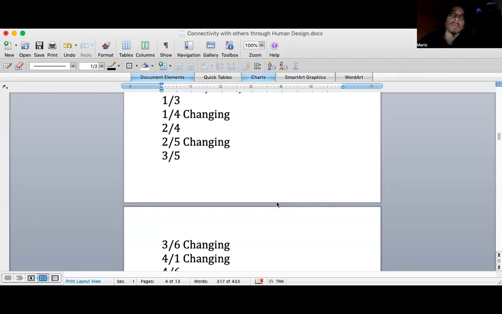The first line is symbolic of the conscious personality side, and the second number is the design unconscious or higher self.